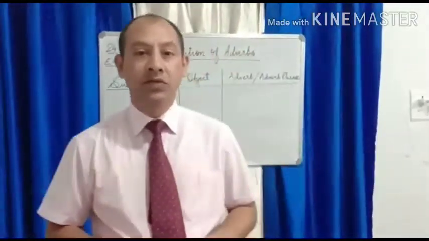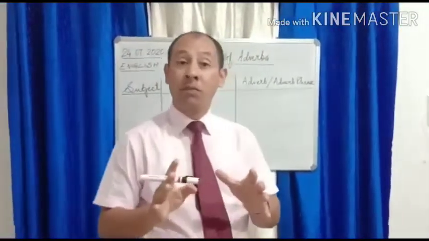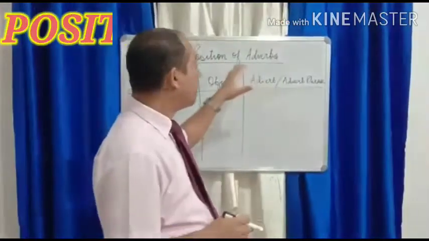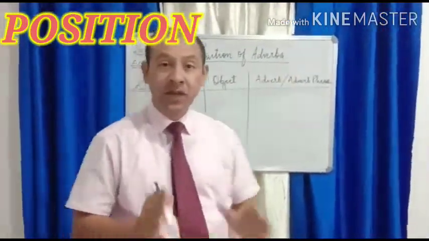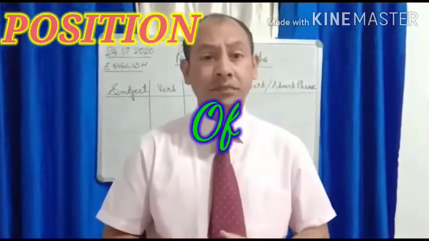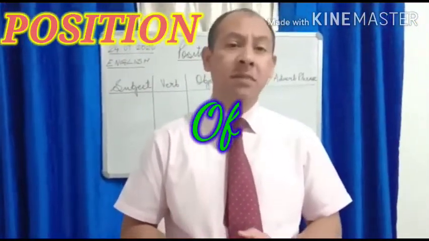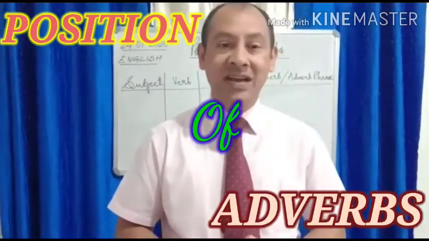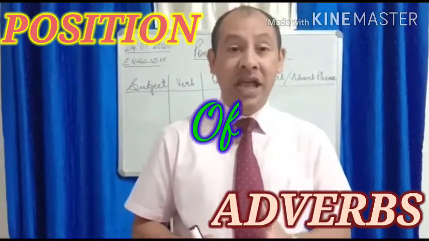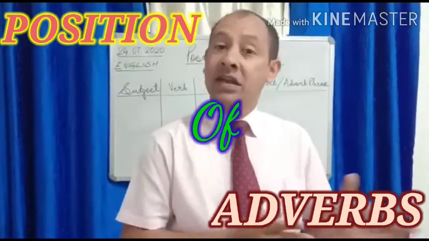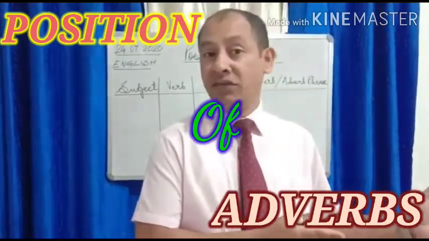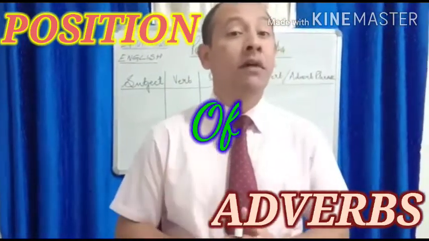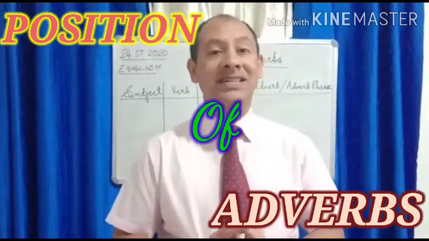Now children, we come to the next, a very complicated and complex part of adverbs, that is the position of adverbs. In most cases, you will find adverbs at the end of the sentence, but not necessarily. Sometimes adverbs can be placed in the front, at the beginning of the sentence, in the middle of the sentence, or also at the end of the sentence.